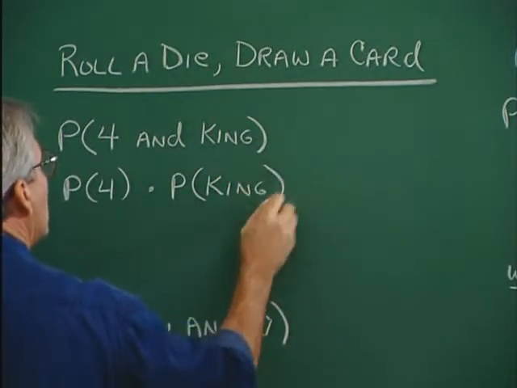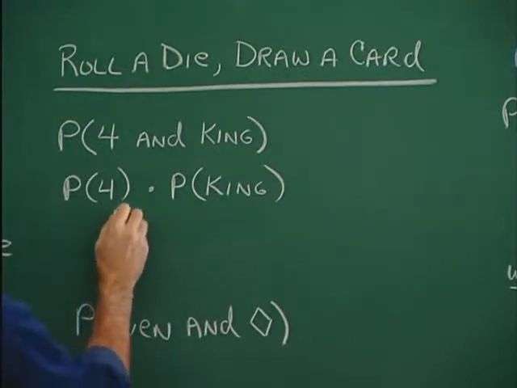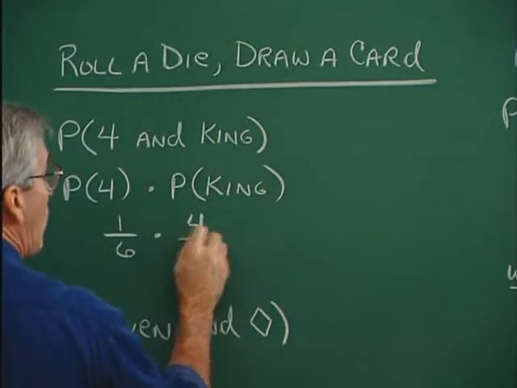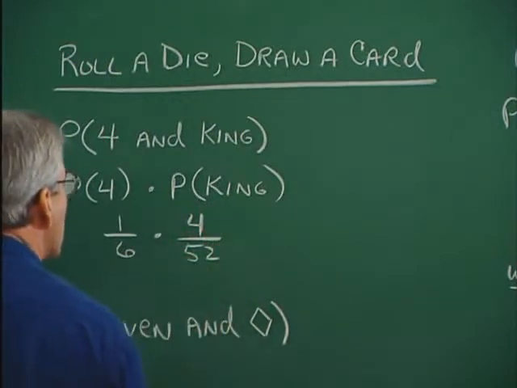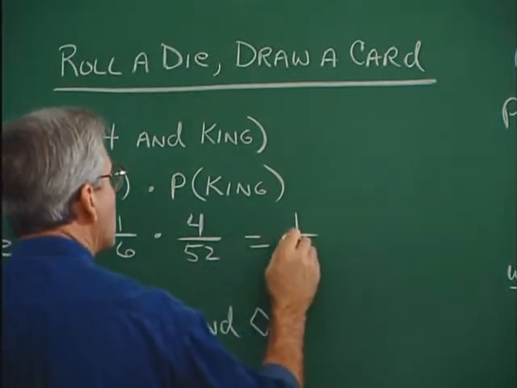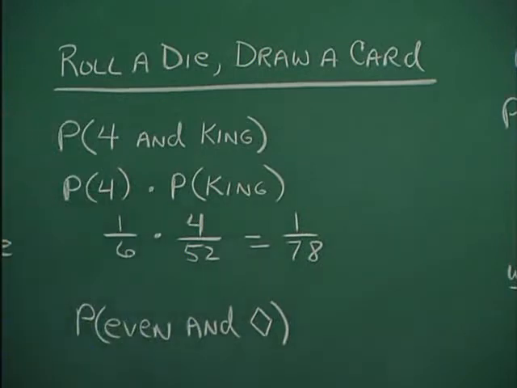And now the probability of rolling a 4 is 1 out of 6. The probability of drawing a king is, there are 4 kings out of the deck of 52, so it's 4 out of 52. This is 1 over 13, and when we multiply, we get 1 over 78 as the probability.